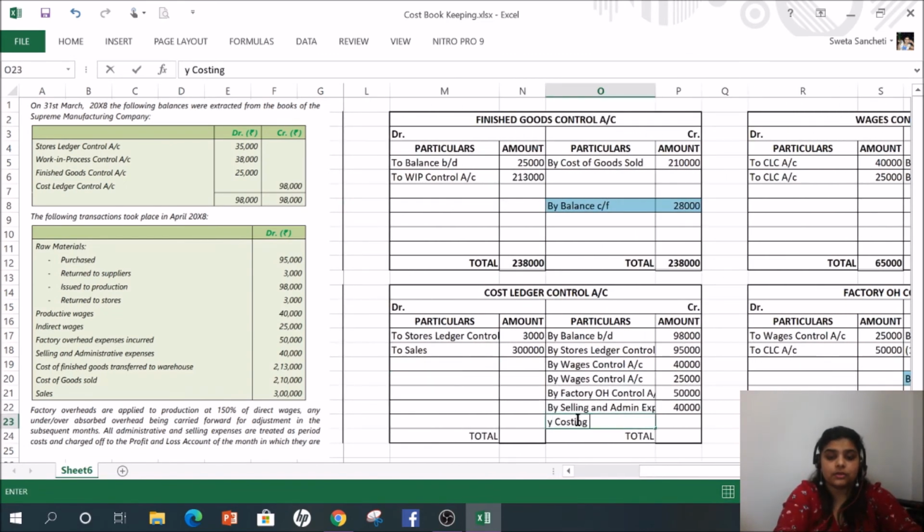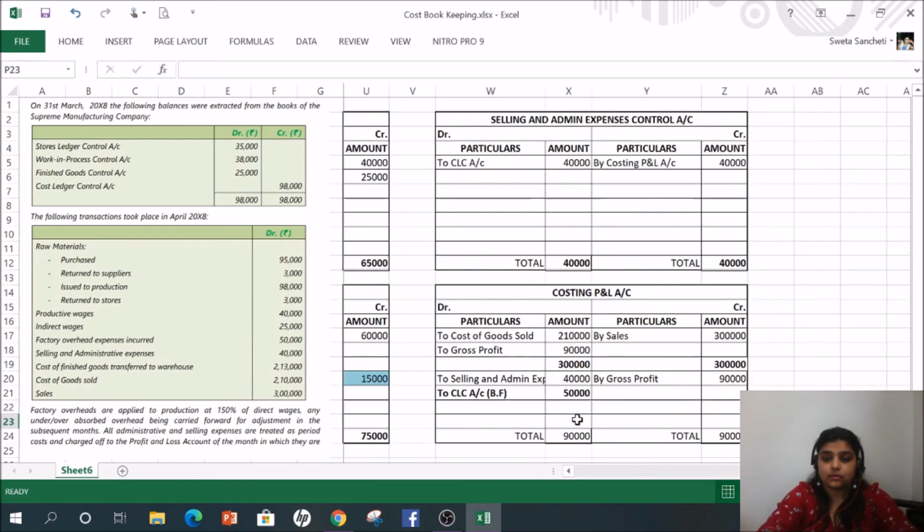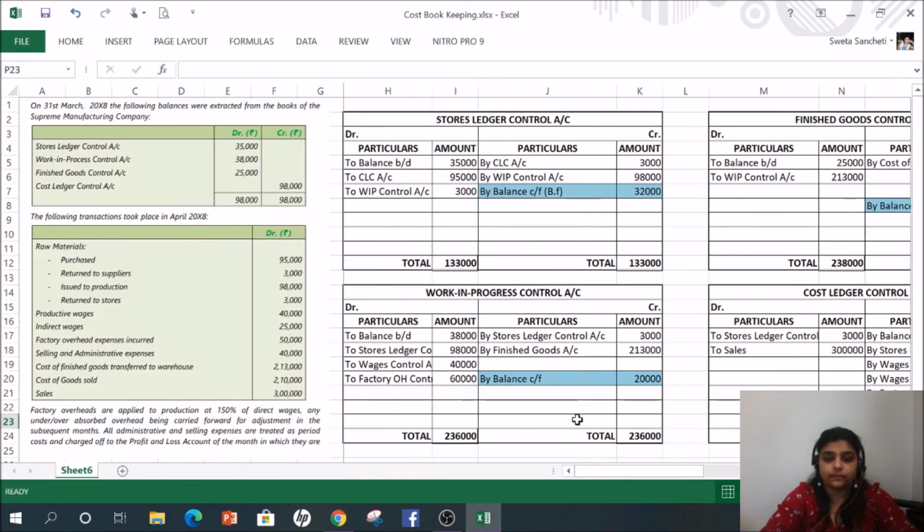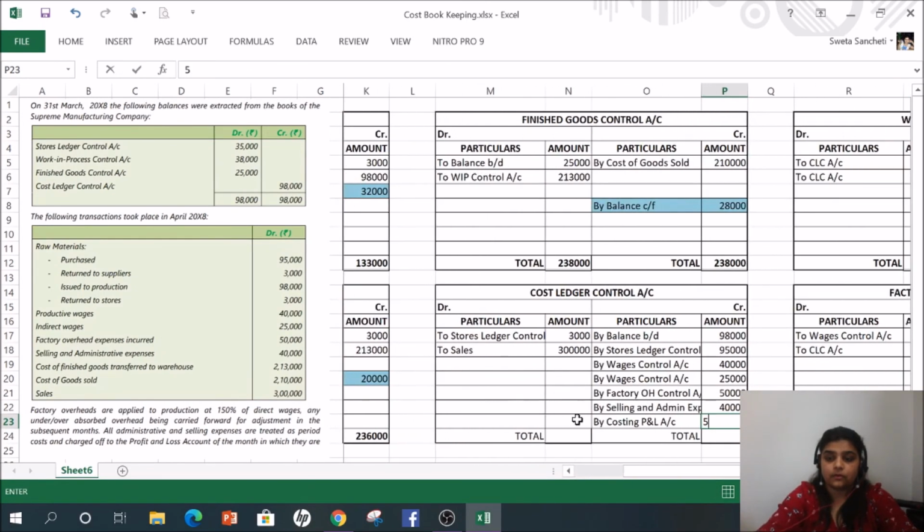by costing account, that is 50,000. So what we get here is the total of this, and here we have a total of 3,03,000.